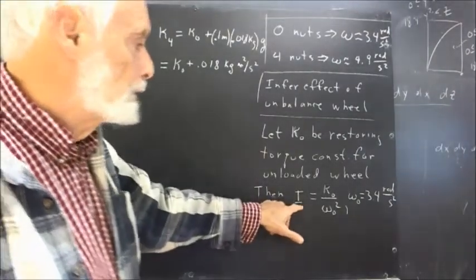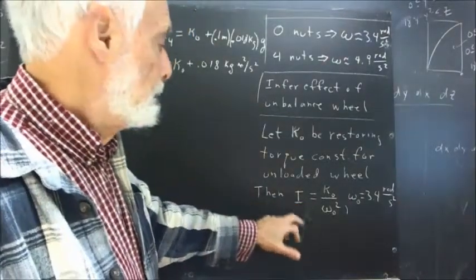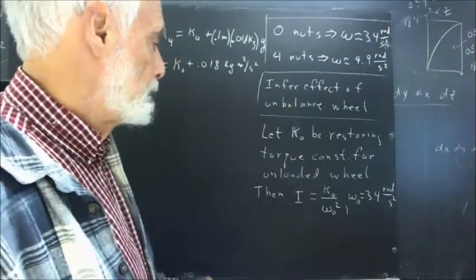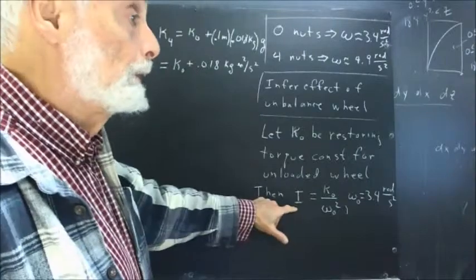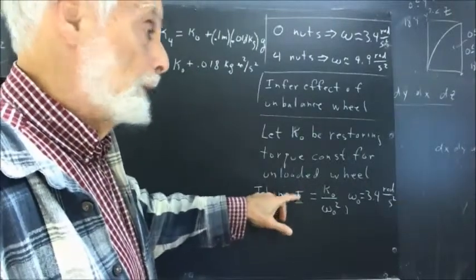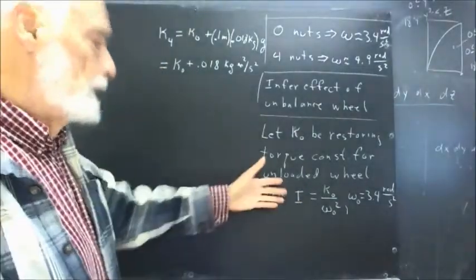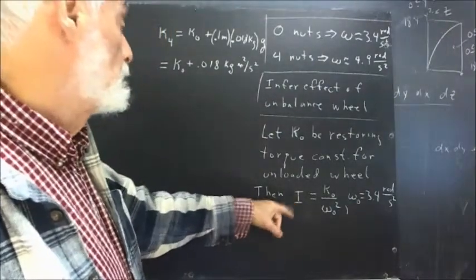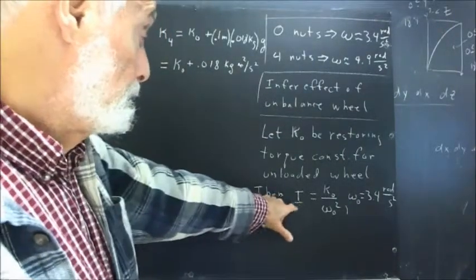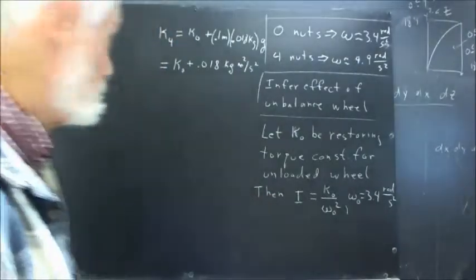Okay, now I've also removed the zero because you have just one moment of inertia. Actually, the addition of 4 nuts does increase the moment of inertia, but by a small amount that we're going to ignore for right now. We could take that into account, and it wouldn't be any big problem, but let's keep it as simple as we can.